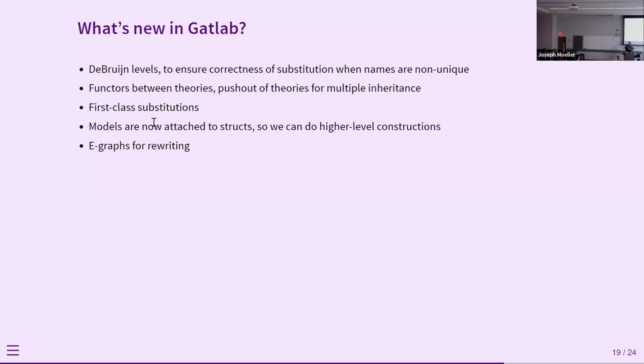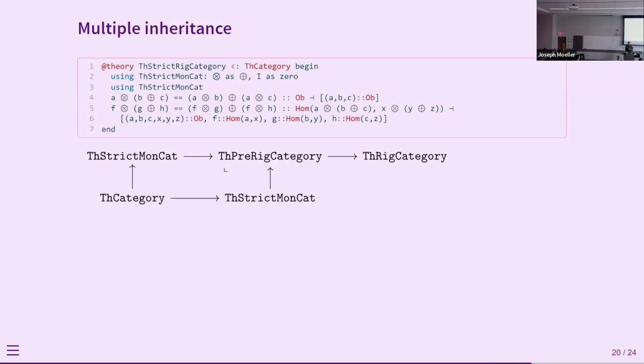In the old Gatlab, a model used to be very implicit. You just had a bunch of types around that happened to have some methods defined, but now models are attached to structs, which allow us to do higher level constructions. And then finally, we have a very advanced rewriting system. I'm going to get more into the last 4 of these very quickly.